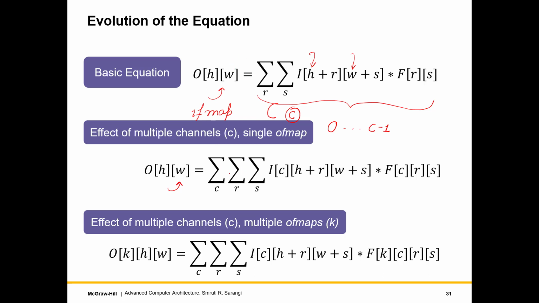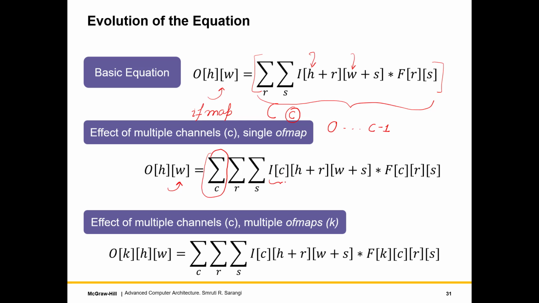If we have multiple input channels, then this will remain more or less as it is with a small change. But this additional summation will come, which is basically saying that we are adding across all capital C input channels. We are adding them for small c as the iterator.